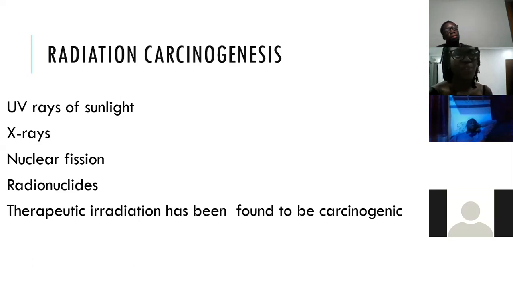Then we can also have X-rays, nuclear fission, radionucleotides, and sometimes therapeutic irradiation. What this means is that a patient has cancer and we use radiation to treat it. That therapeutic irradiation can end up causing cancer.